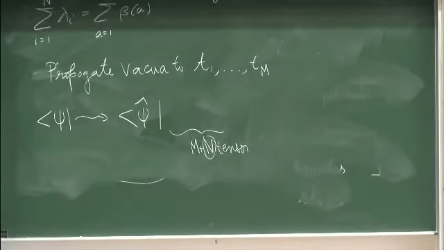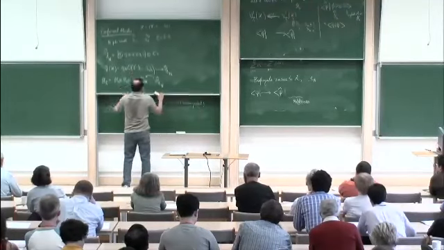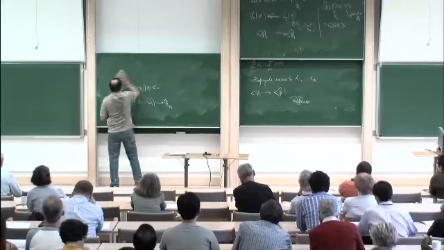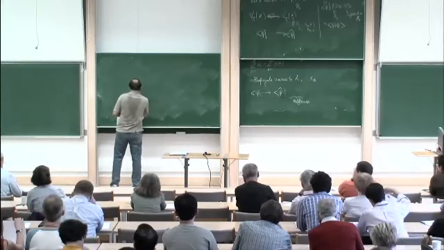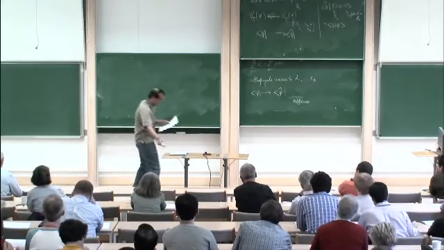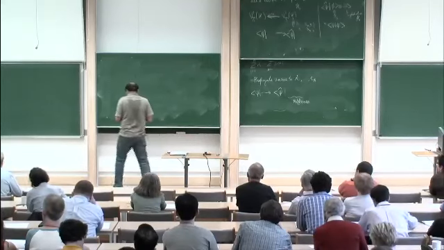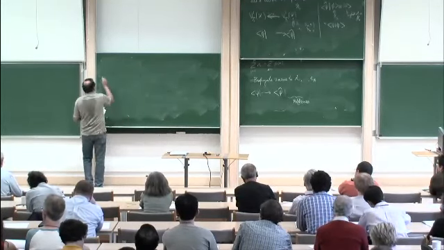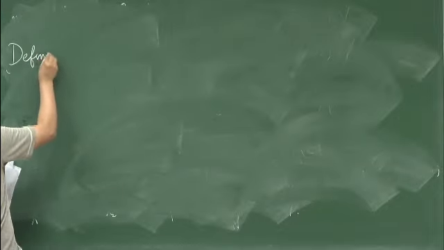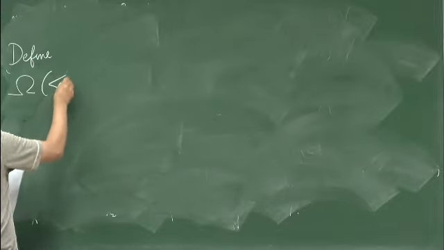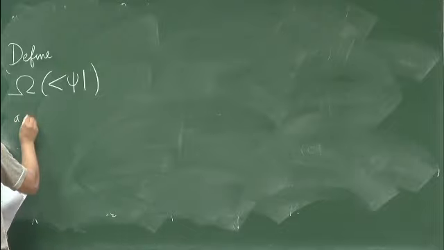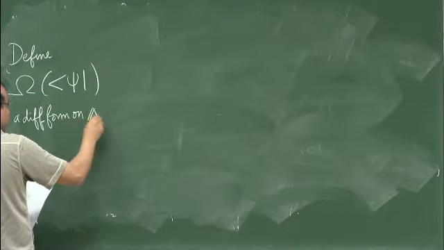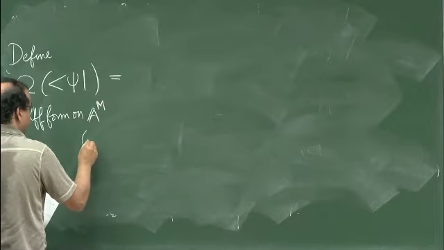So we added new points. Right, so we're going to define omega of psi, which is again a differential form on A to the m, the space of T1 till Tm.